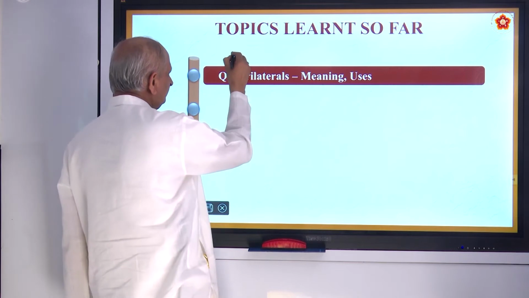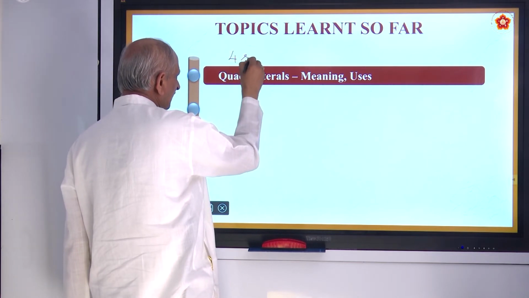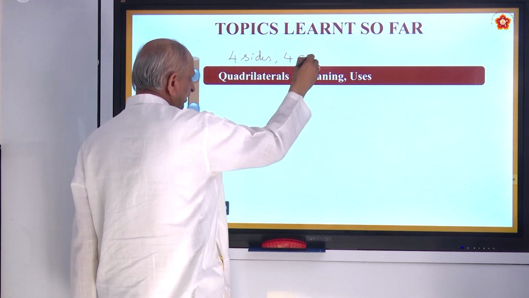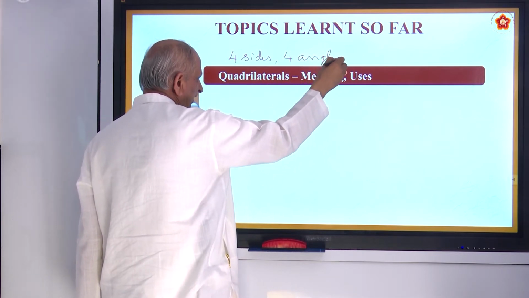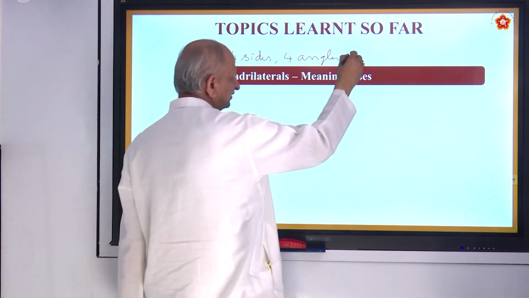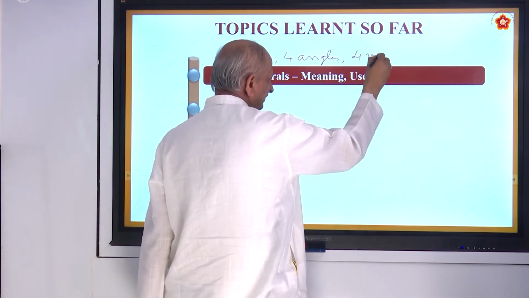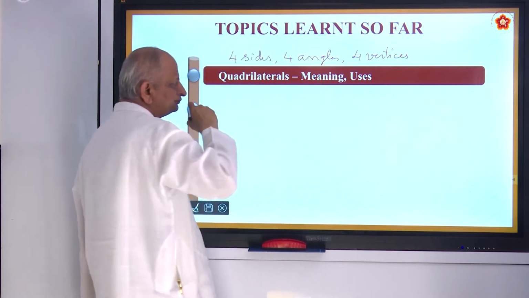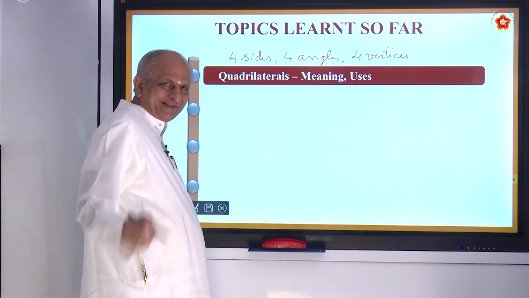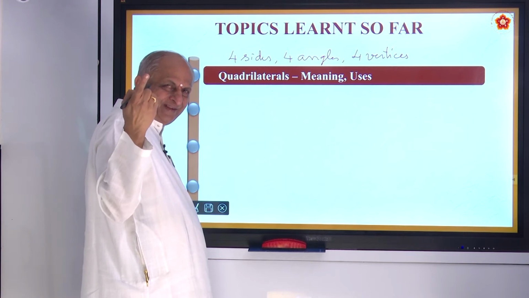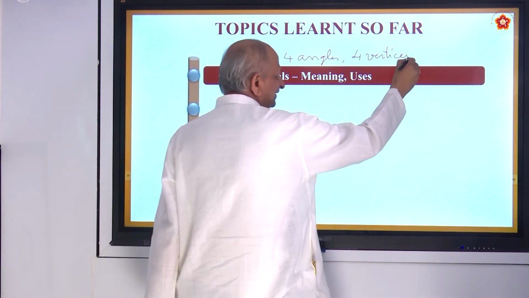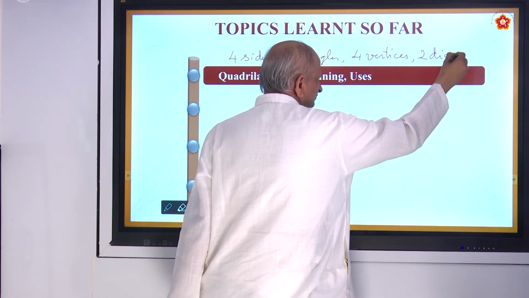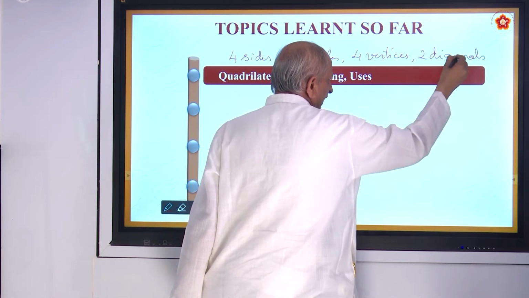Naturally when you say sides, 4 angles also will be there. How many vertices? 4 vertices. What are vertices? The end points. What else do you have? Come on. Anybody? Yes. There will be what are called diagonals. 2 diagonals.